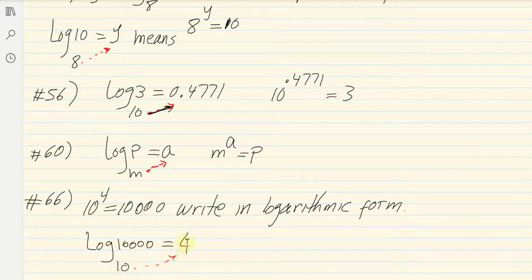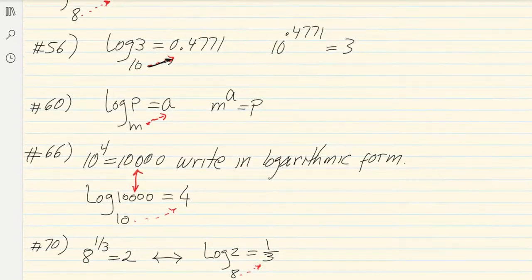The exponent, it means 4. To which you raise the base, that's base 10. And that's what's up here. That's the exponent to which you raise the base to get equal the argument. That's 10,000. Argument is 10,000 here. Okay. There you go. That 10,000 goes right in here. And that's just the rewrite.